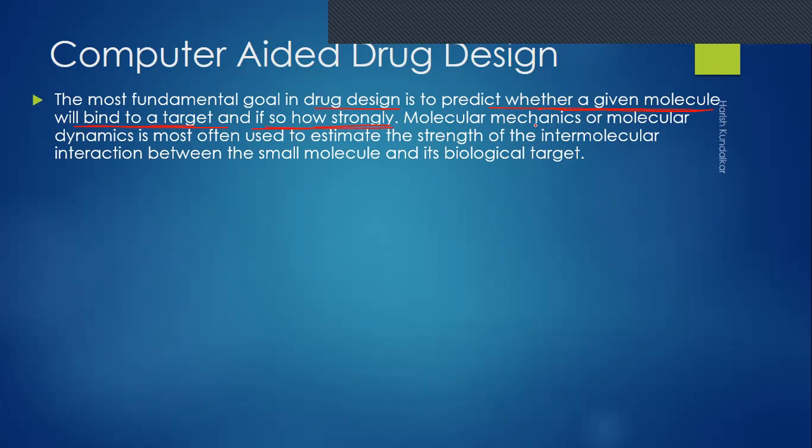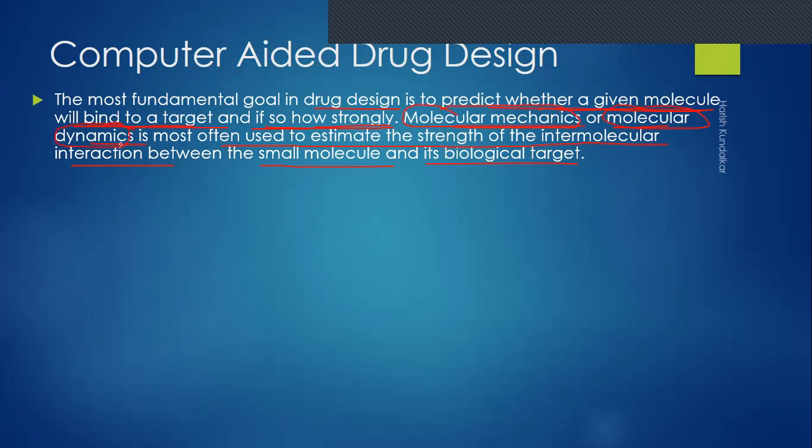Okay, so molecular mechanics or molecular dynamics are most often used to estimate the strength of the intermolecular interactions between the small molecules and its biological targets. Usually, ये जो prediction है of binding affinity, that is done using molecular mechanics, or it can be done using molecular dynamics simulations.